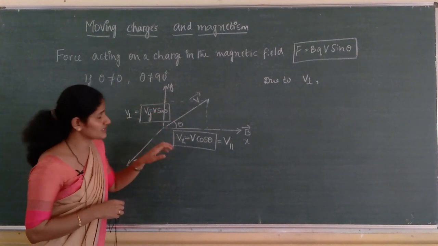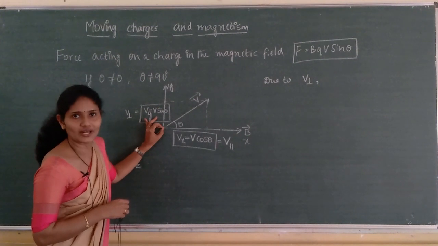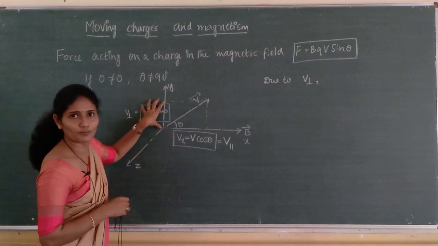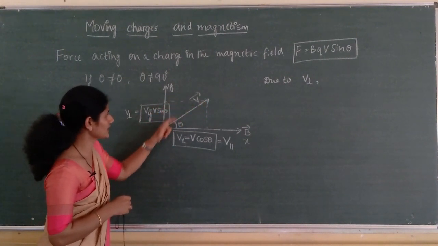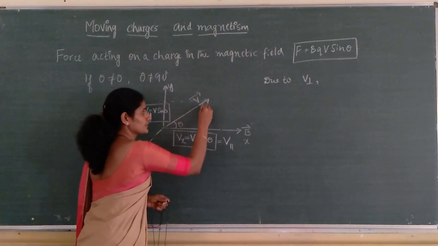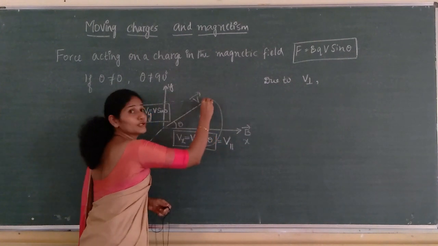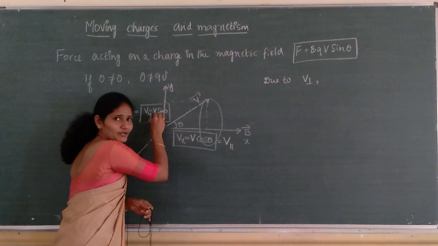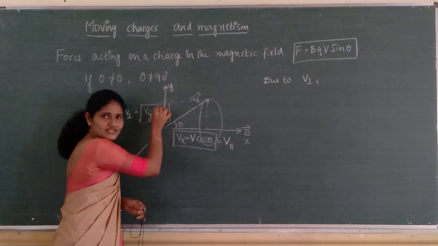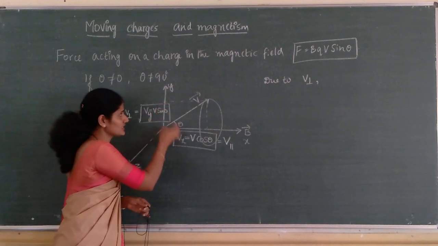When theta is equal to 90 degrees, the particle follows a circular path. So due to this perpendicular component, the particle will follow a circular path, because along the y-axis, theta is equal to 90 degrees for this component.